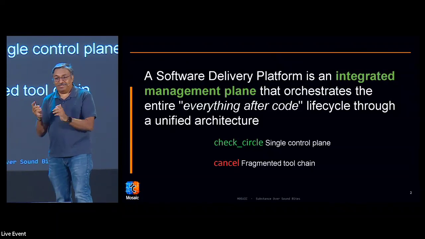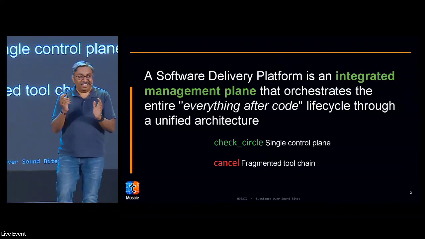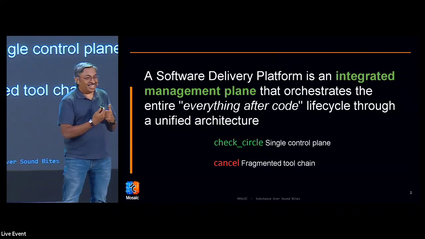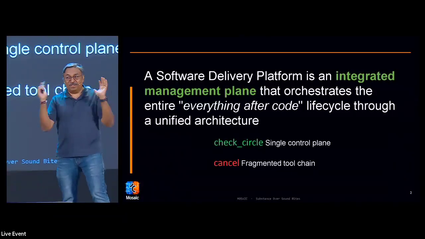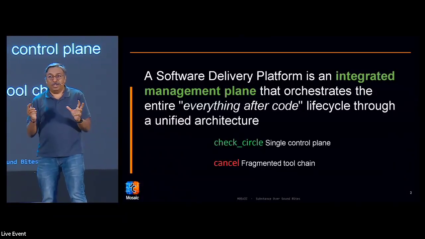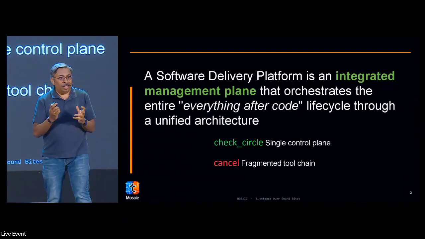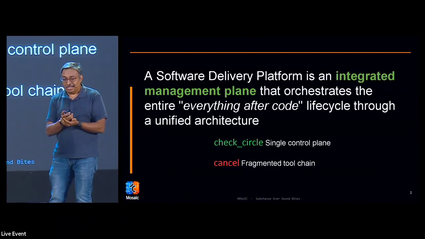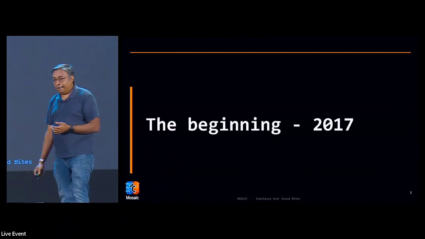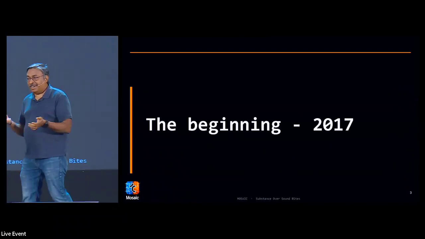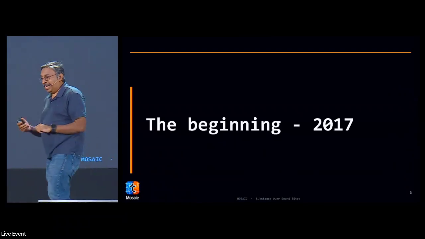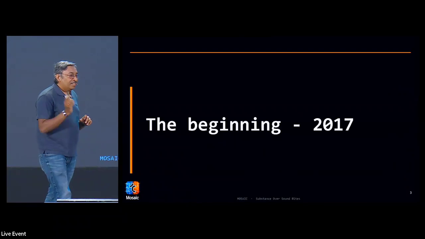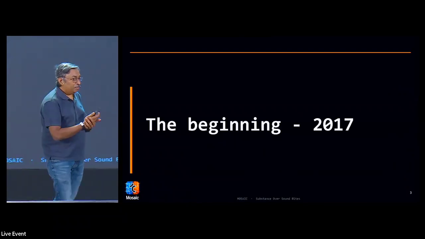Now I have a very tough task here. If I cover all these softwares, it's going to take quite a bit of time, so I'm going to concentrate on a few things which are central to software delivery. Harness, the software delivery platform we are going to talk about, began in 2017 as a startup.